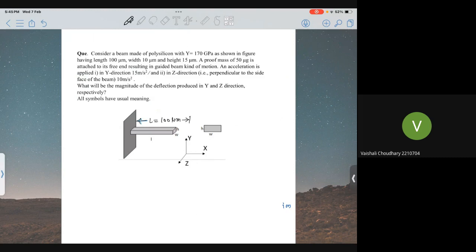Okay, this is the width, which is 10 micrometer, and this is the height, which is 15 micrometer.